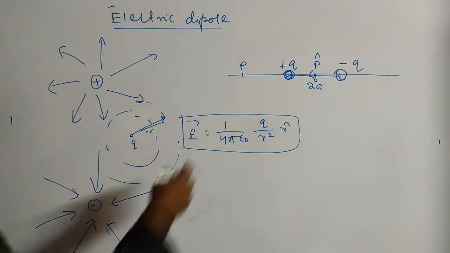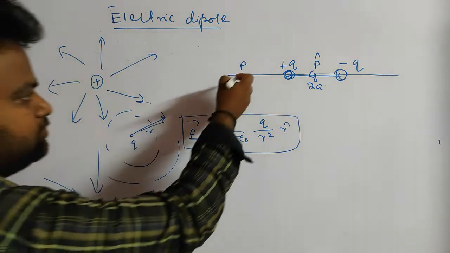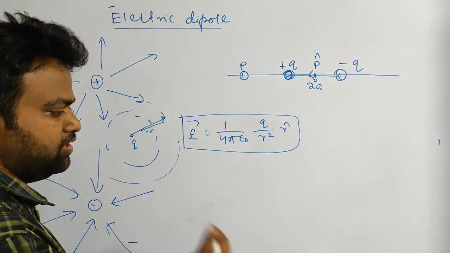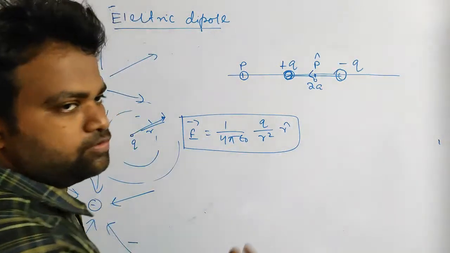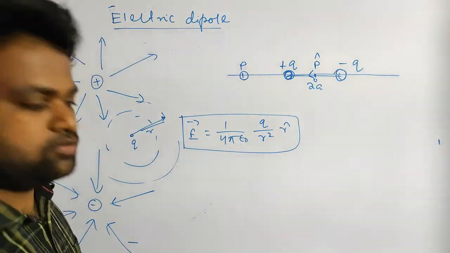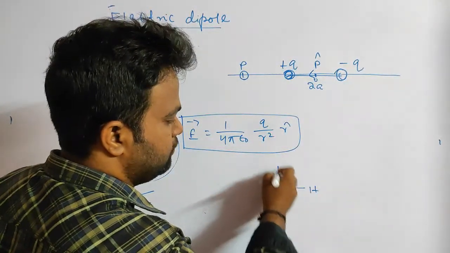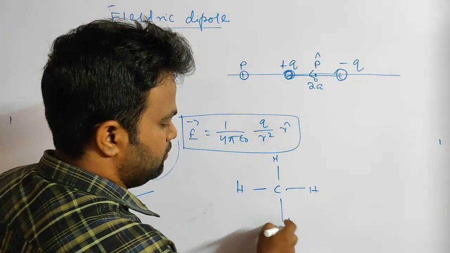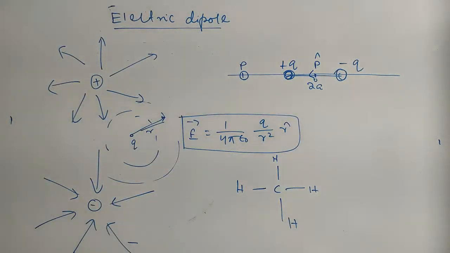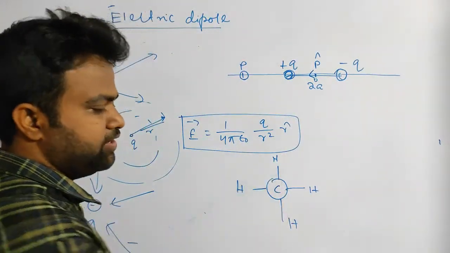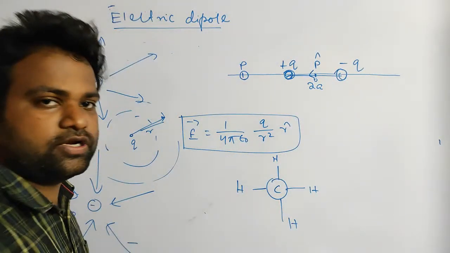Now what will we calculate? We will calculate the net electric field at a point P due to a dipole. These situations are created in molecules. Non-polar molecules like carbon dioxide or methane, CH4, are non-polar in nature because all the electrons are distributed in the surrounding of the nucleus in a symmetric way.